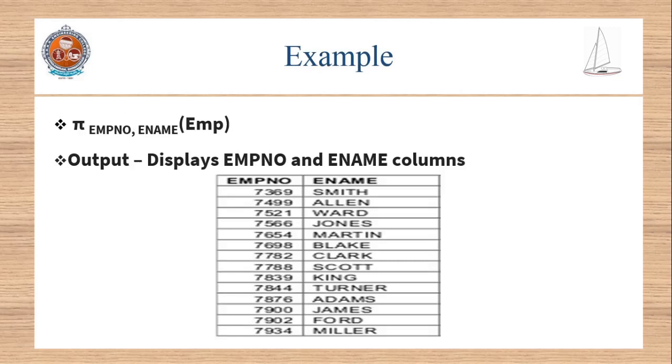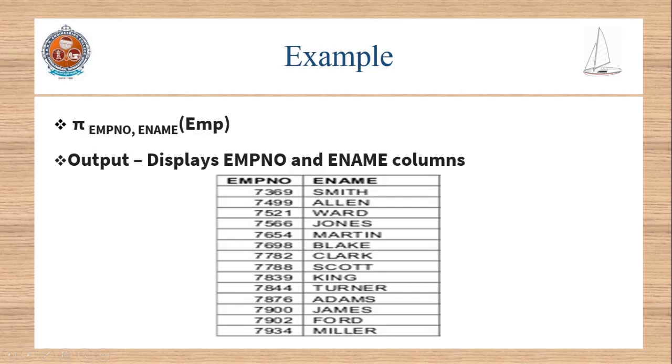See, consider the example. Here in this example, we have considered the same EMP table, EMP relation, where we are trying to project the columns EMP number and ename. These are the two attributes we want to display.